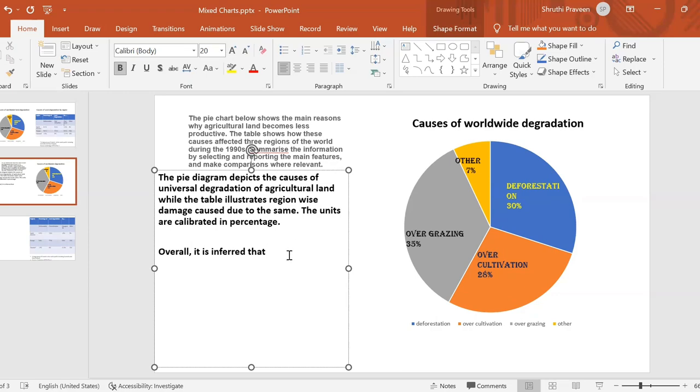So it is inferred that overgrazing consisted of the highest percentage, whereas other contributed to the least.